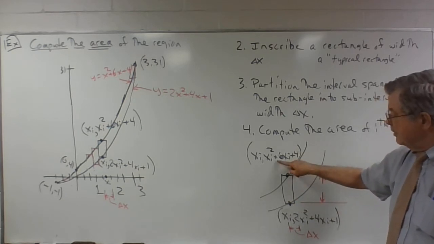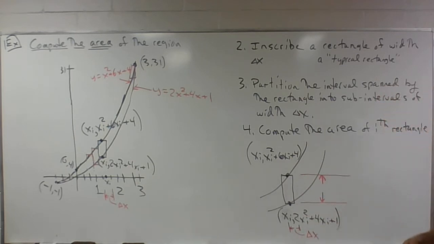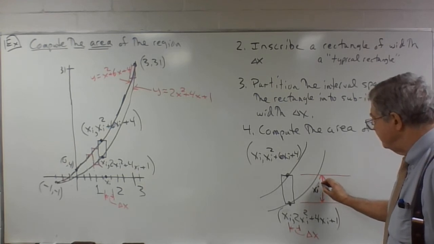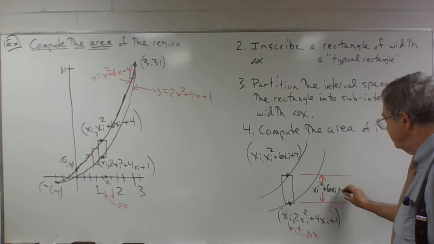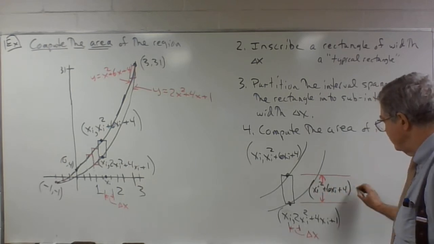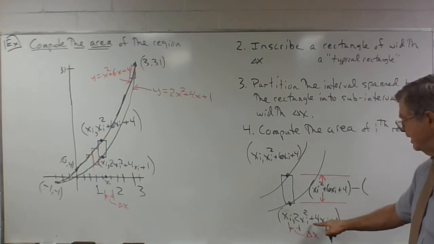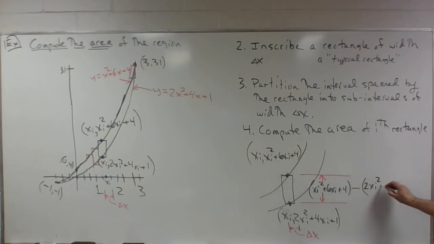The greater y coordinate minus the lesser y coordinate. So that's going to be x sub i squared plus 6x sub i plus 4, the greater y coordinate, minus the lesser y coordinate, 2x sub i squared plus 4x sub i plus 1. That's the height.